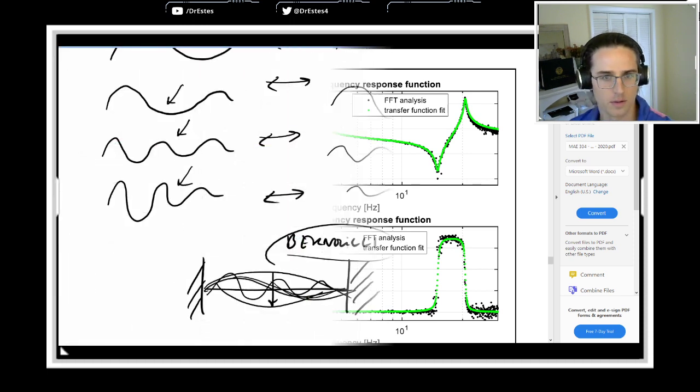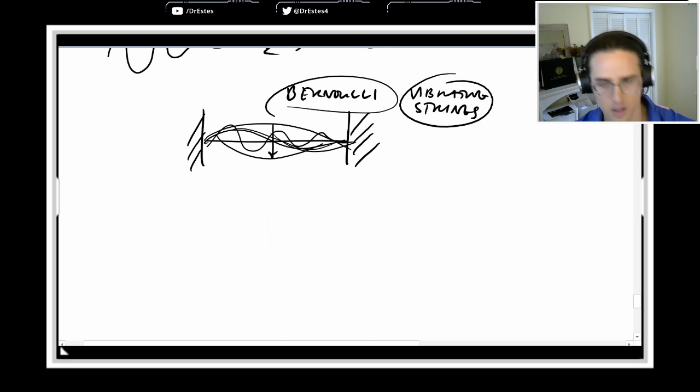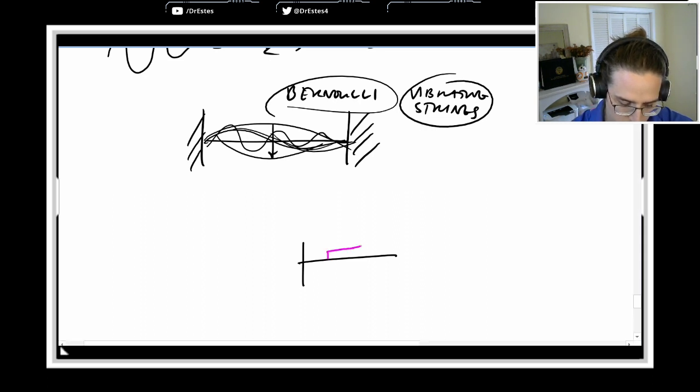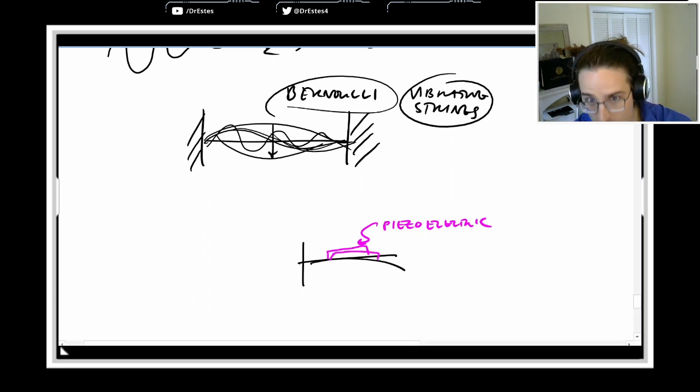So a quick example, if you have a flexible beam and you put some piezoelectric material on it, as you deform the beam, it deforms this piezo, and the special thing about piezoelectric materials is that they produce current when you deform them.